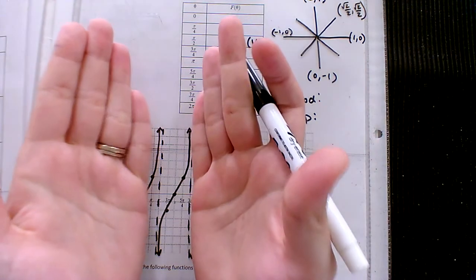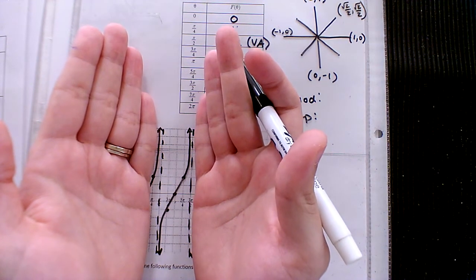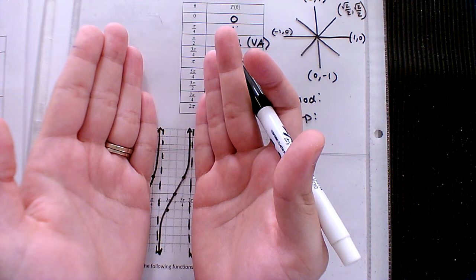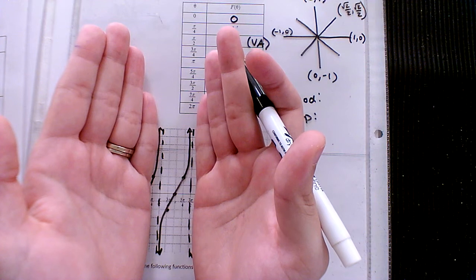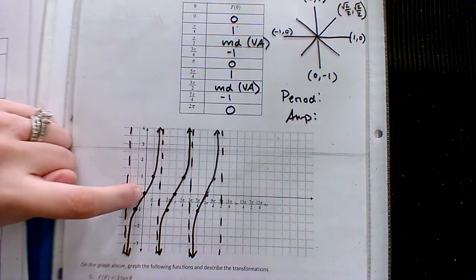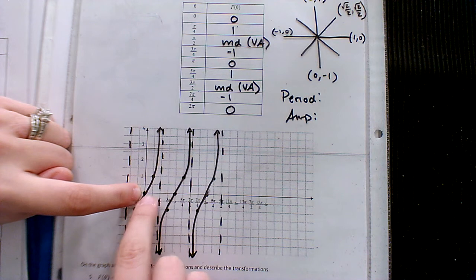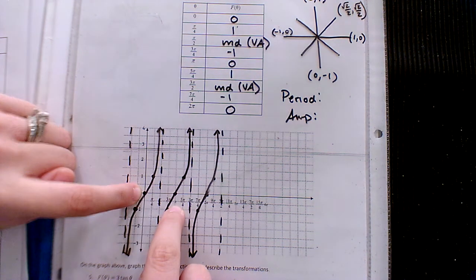Okay, so if you take a look at the one chunk that we definitely had in the middle, how wide is that one chunk? How many units? Just count tick marks. You see how it's 4? Okay, so if you were to start at 0 and count 4 units, 1, 2, 3, 4, notice how you'd land at pi.